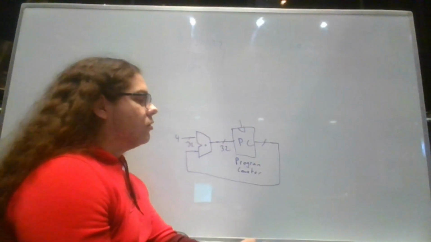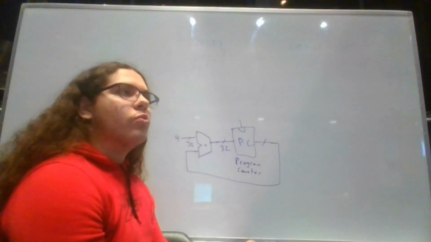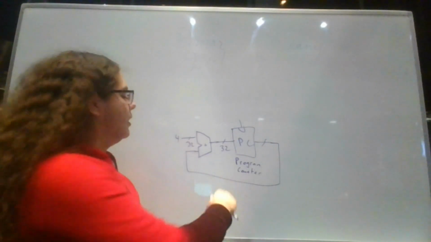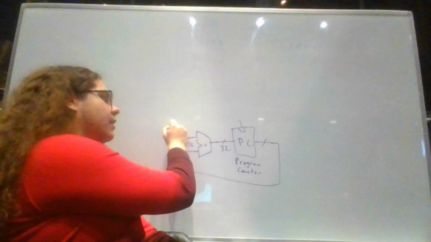However, we don't always want to just go to the next instruction. Sometimes we want to branch or jump. And so actually what you're going to have here is not just a 4, but possibly a multiplexer.